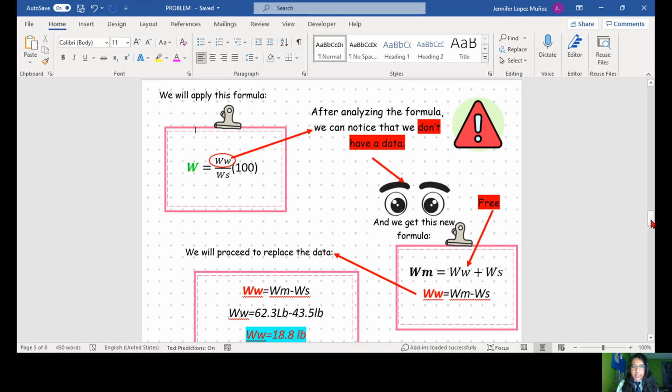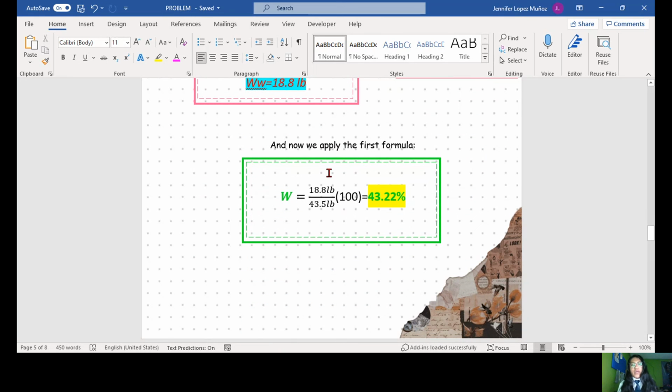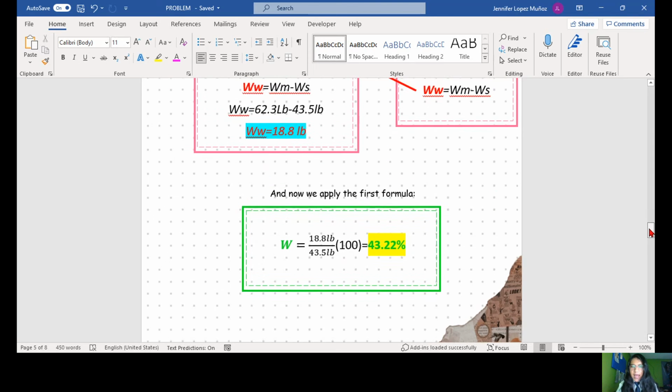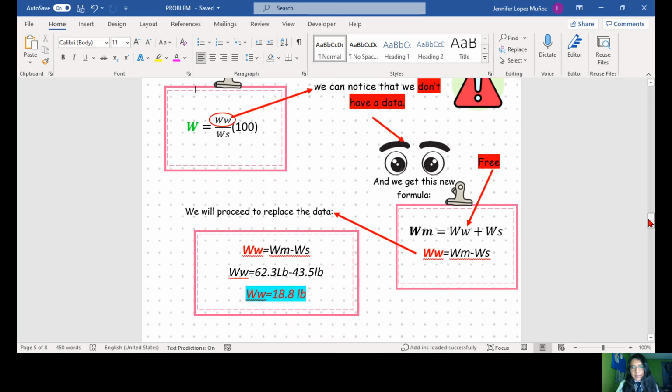But I need to resolve this formula. And now we apply the first formula because I have the two data.